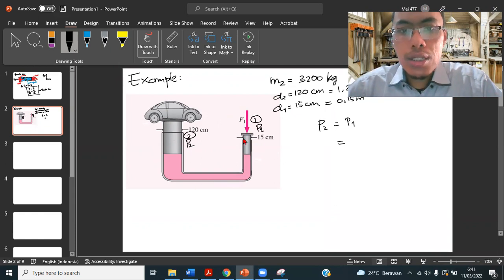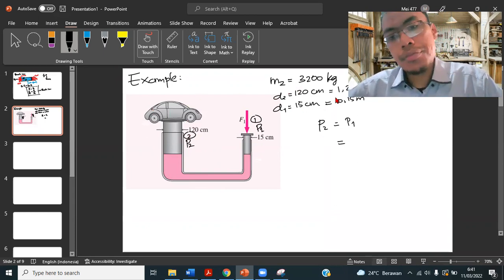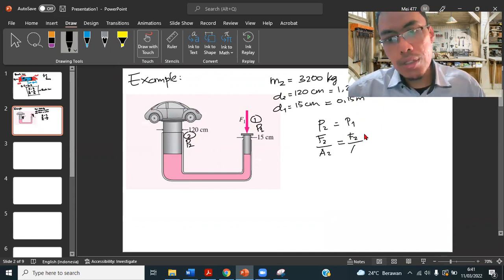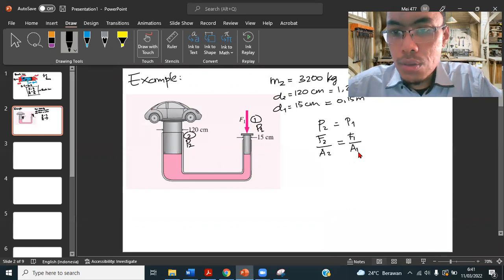Jadi tekanannya akan di transfer ke titik atau ke daerah nomor 2. And then it must be F2 divided by A2, and then this one is F1 divided by, I'm sorry, it must be F1 divided by A1.